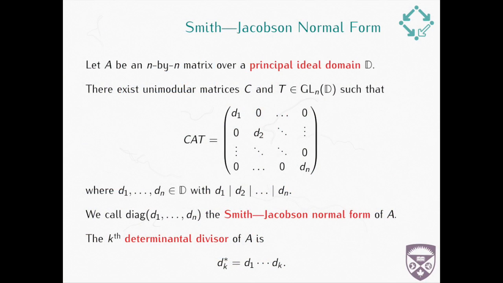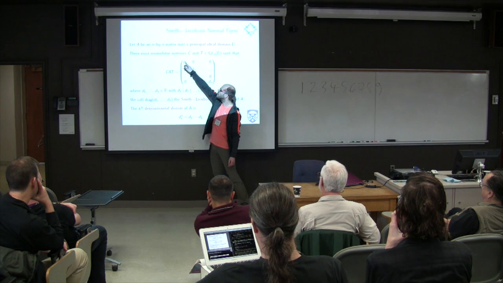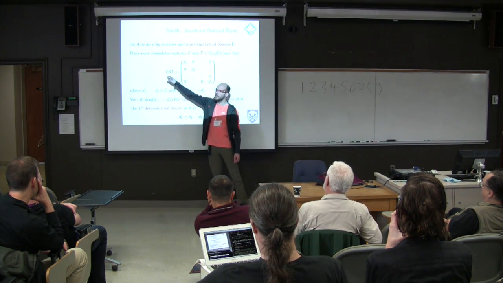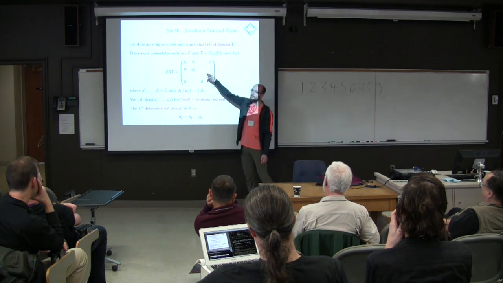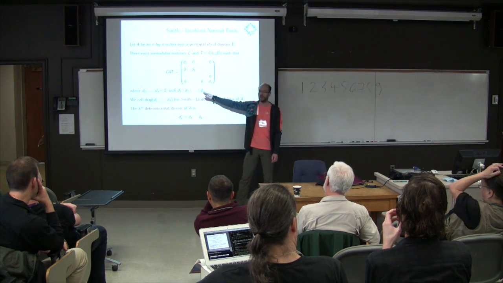So multivariate polynomials are out for the moment, because that's where you don't have the Smith form. And over such a domain, you can show that every matrix can be transformed into a diagonal form using some unimodular transformation matrices. And this form is basically unique, given the condition that the entries on the diagonal divide each other.